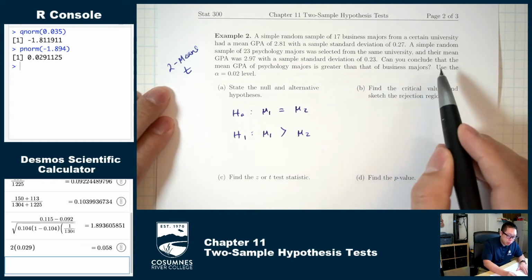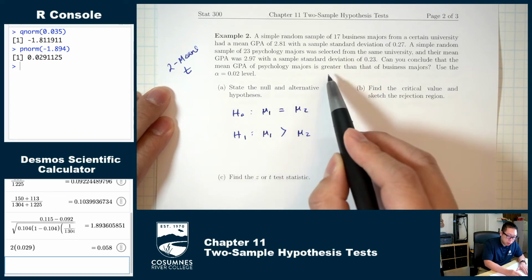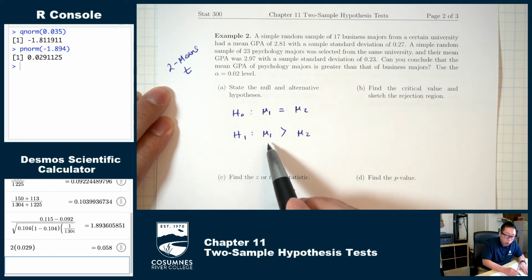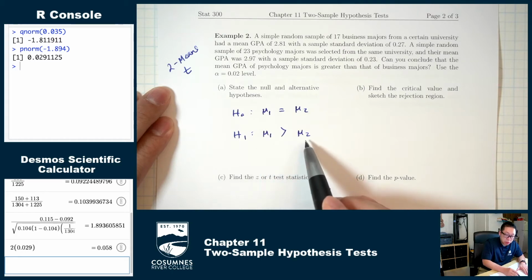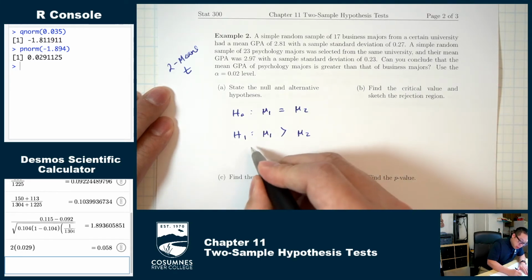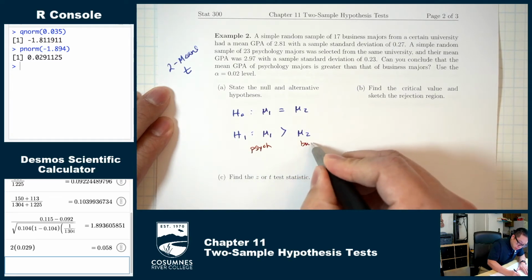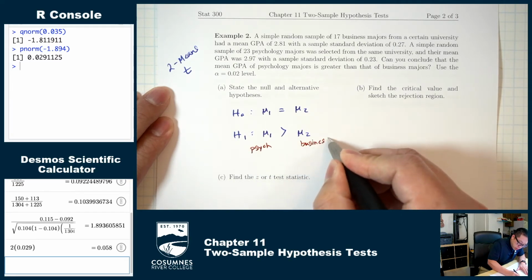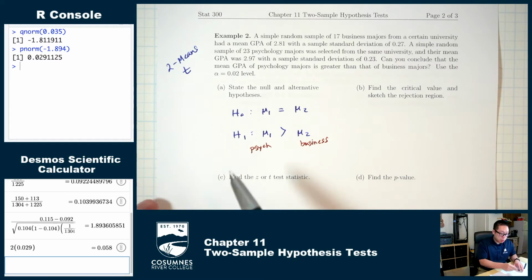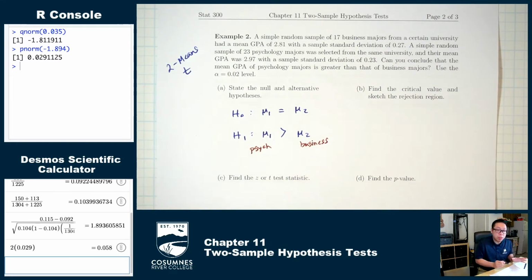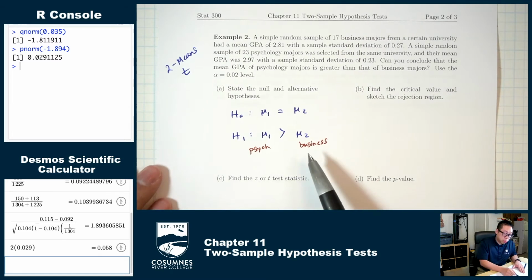It says, can you conclude that psychology majors is greater than business majors? So I have to put 1 as psychology majors and 2 as business majors, because I want it to be psychology is greater than business. So 1 has to be psychology majors and 2 has to be business majors.